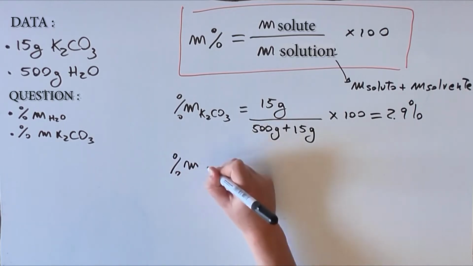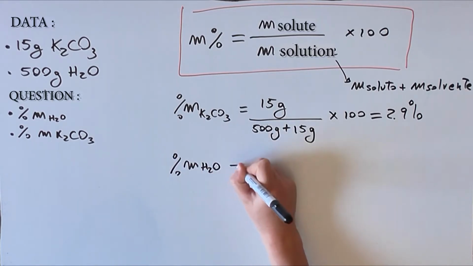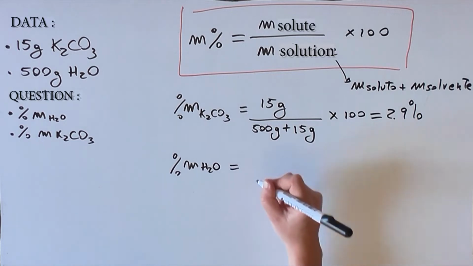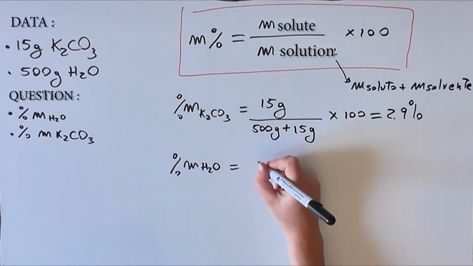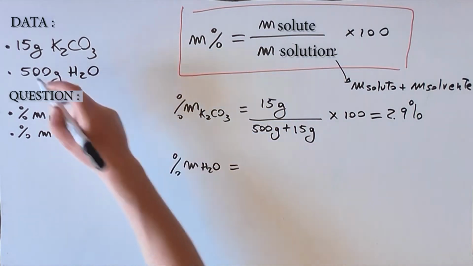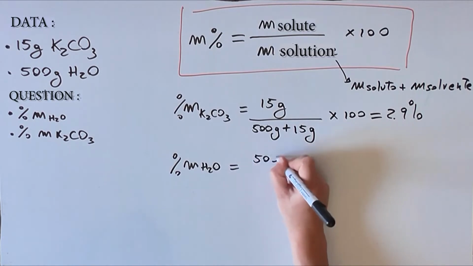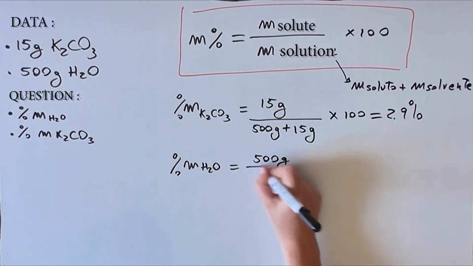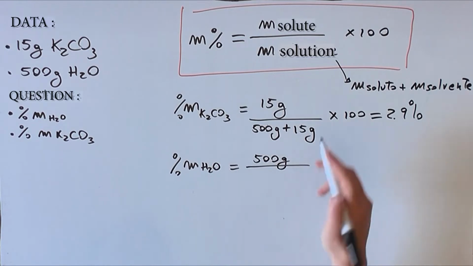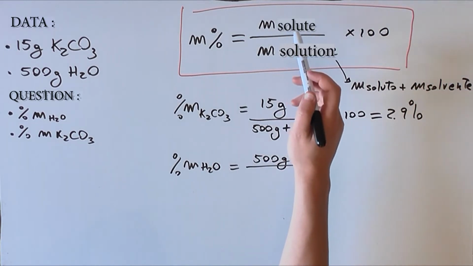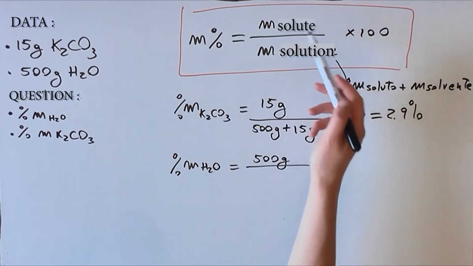So now let's write the percentage of water. We know that we have 500 grams of water, so we need to write 500 now on the top of this equation, because now we consider the water as solute, but actually the water is the solvent.